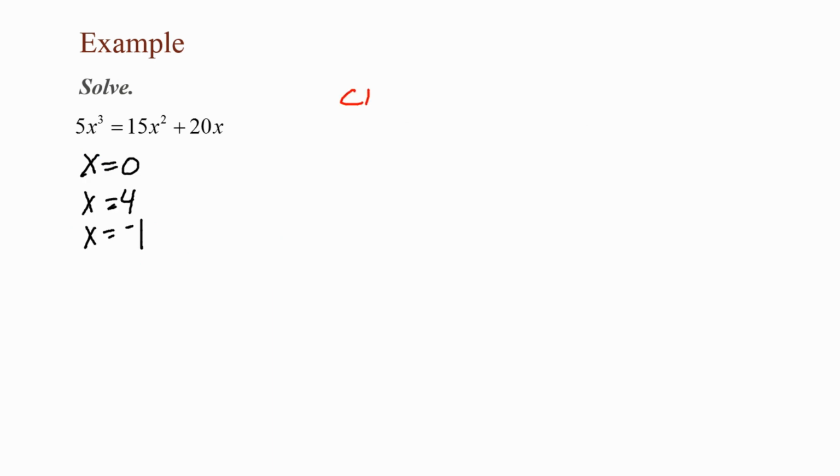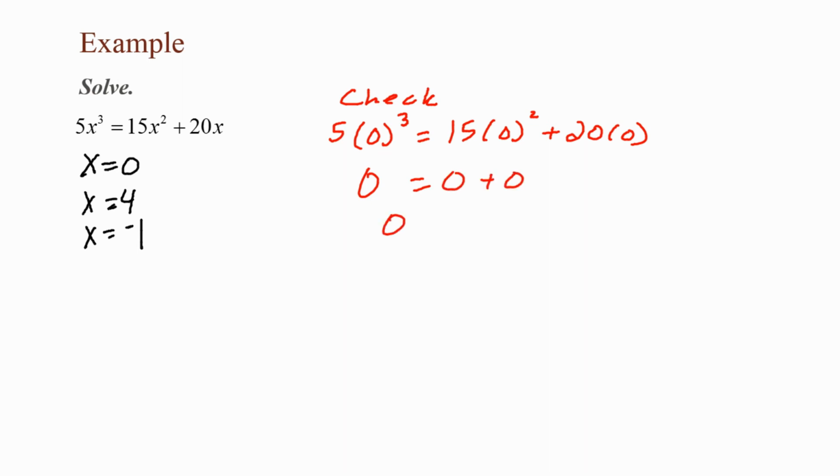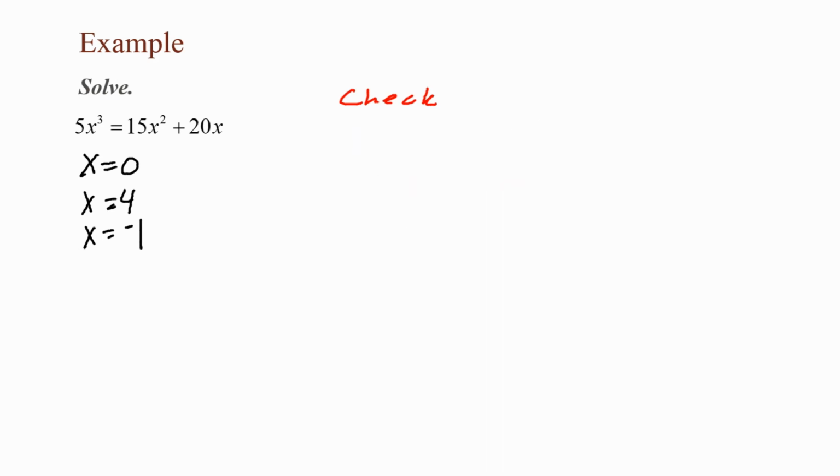For my check, start with x equals 0. So 5 times 0 to the third power equals 15 times 0 squared plus 20 times 0. So I have 0 equals 0 plus 0, which is correct. 0 equals 0. Next, I want to check 4. So I have 5 times 4 to the third power equals 15 times 4 squared plus 20 times 4.